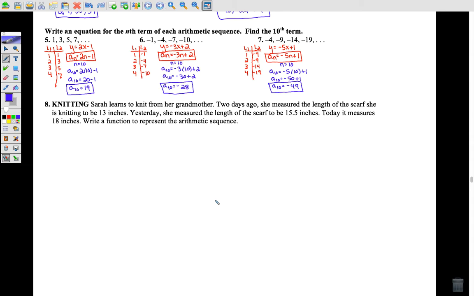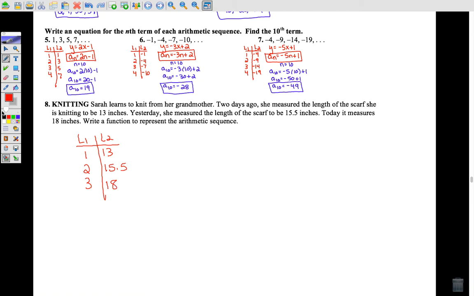Okay, so what we're going to do is go ahead and make a table. So let me make my table. Again, this is going to be my L1, and this is my L2. All right, we're dealing with 3 numbers. So 1, 2, and 3. Those 3 numbers are: the first number they gave me was 13, the second number they gave me was 15.5, and the third number they gave me was 18.